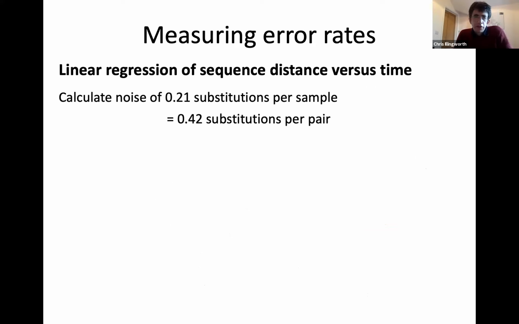And so we get a rate of 0.42 substitutions per pair, which suggests that the average viral genome from nanopore sequencing of COVID has about 0.2 errors in it, which seems pretty small.